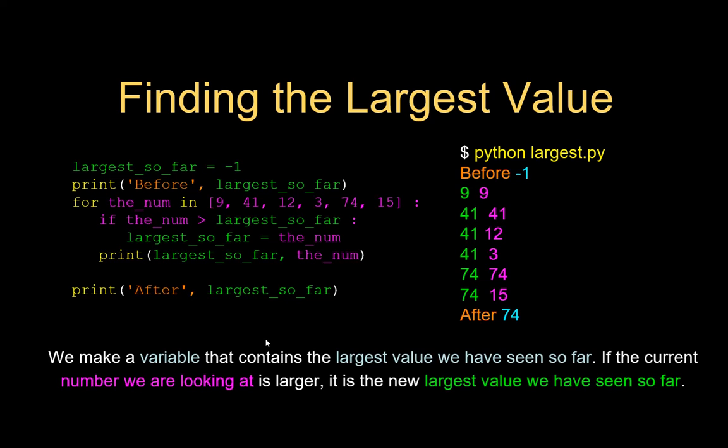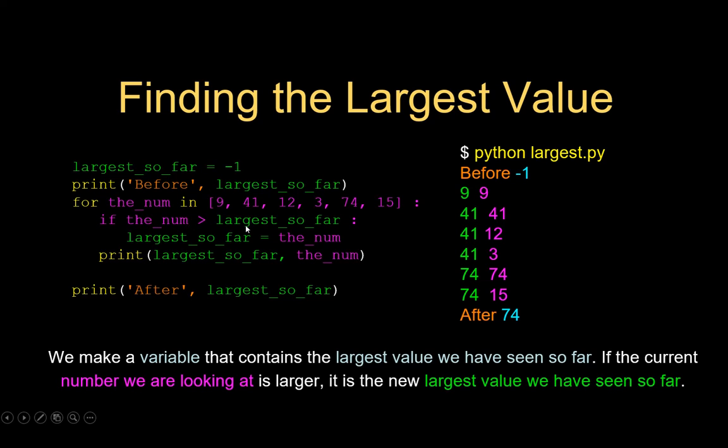If the number that we choose is greater than largest so far, we're going to assign num to largest so far. After that, we're going to print the largest so far value and the number that we are moving through in this for loop. So we start with 9.